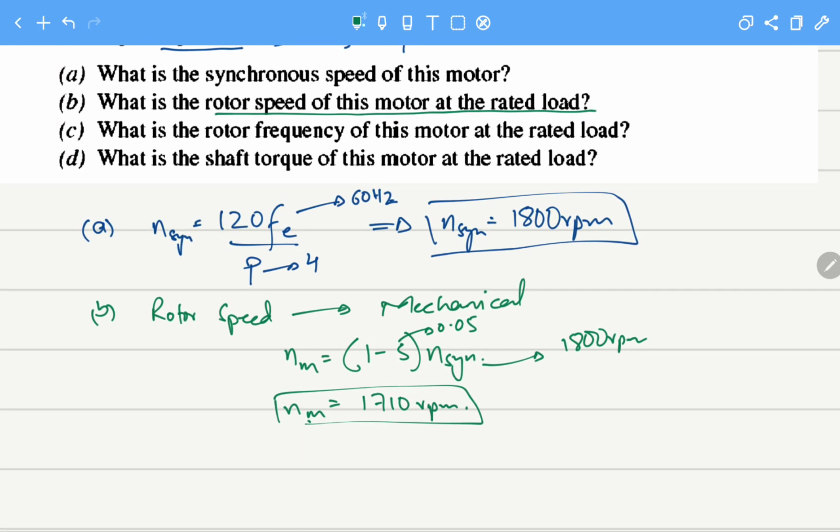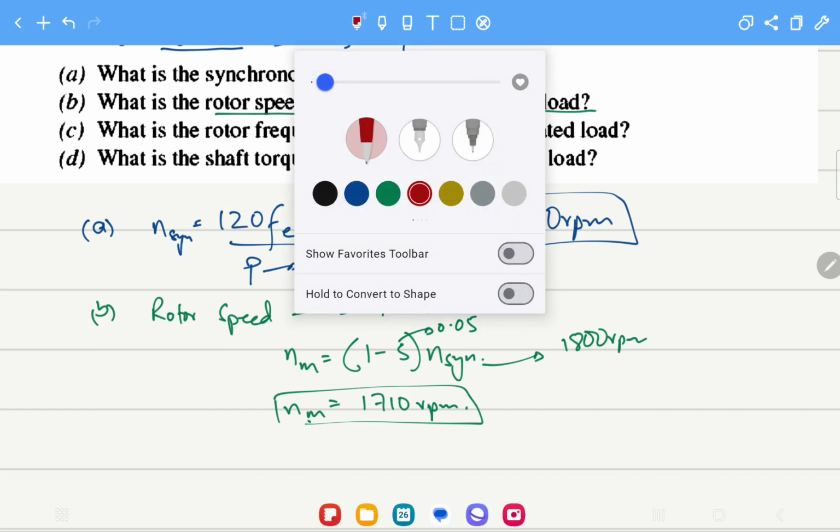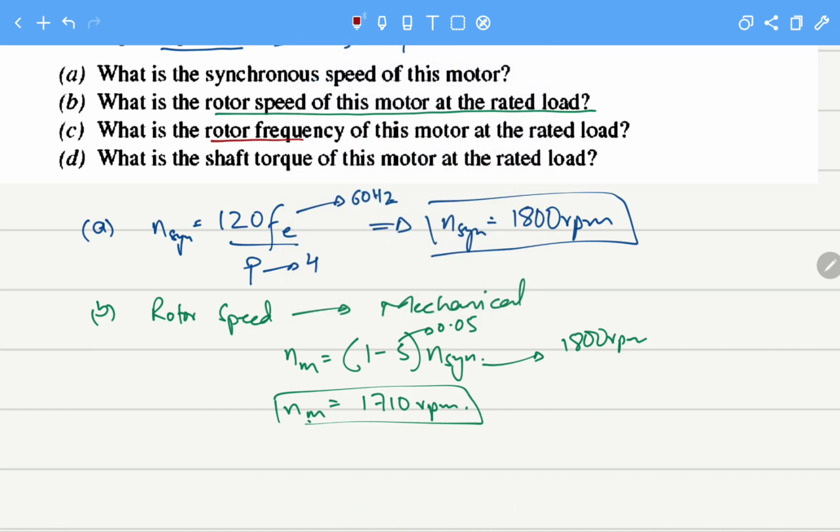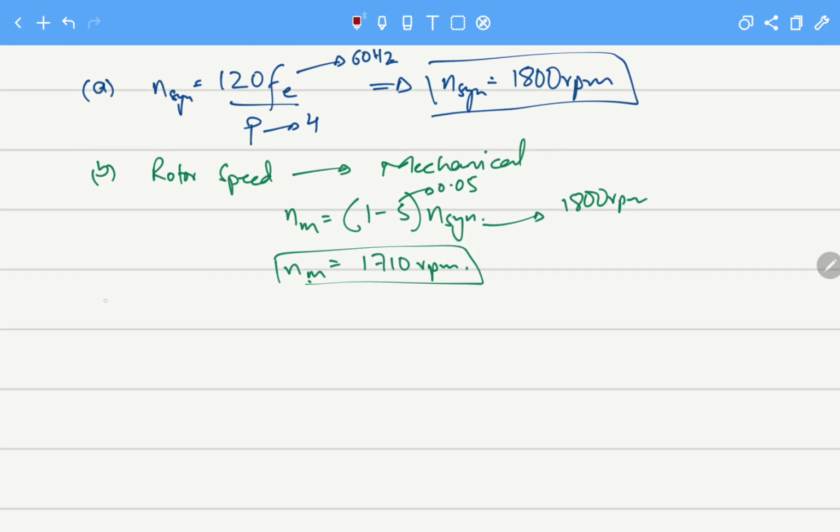Now, what is part C saying? What is the rotor frequency of this motor at the rated load? Rated load, and here also rated load. We know the conditions are given for the rotor rated conditions.